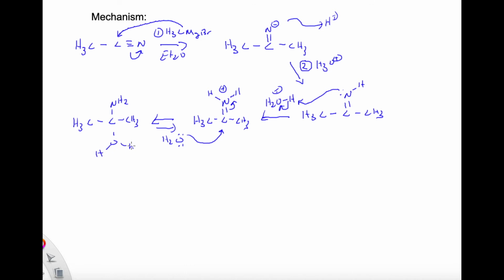Now, the next step is, of course, going to be regenerating the acid here. And so now we've got our acid back. Of course, we never really lost it. We have lots of acid in solution, but this is the process.